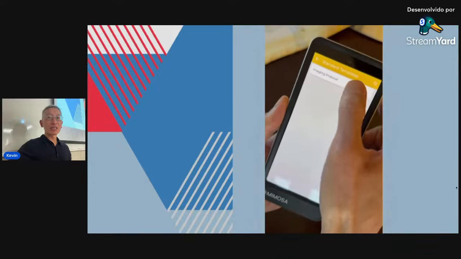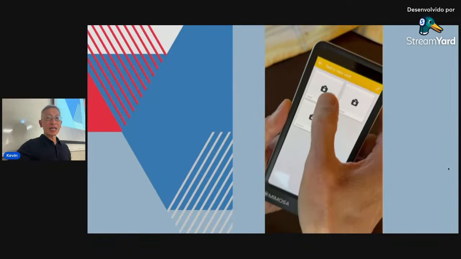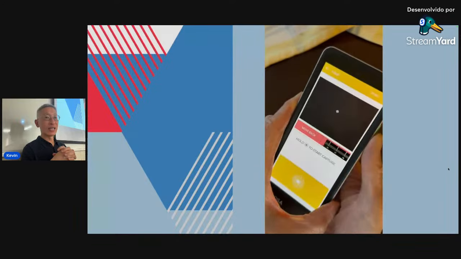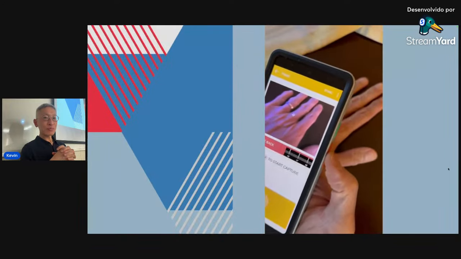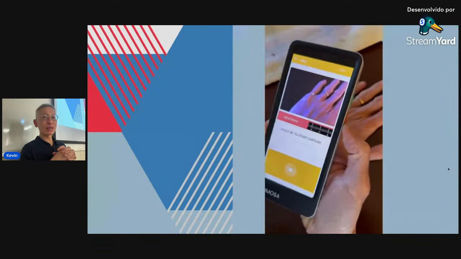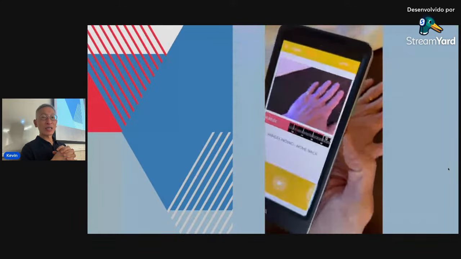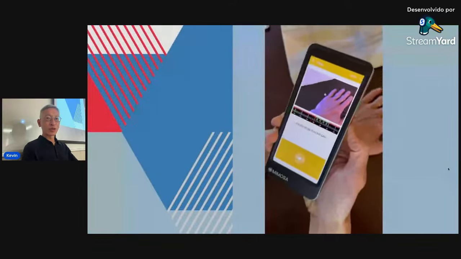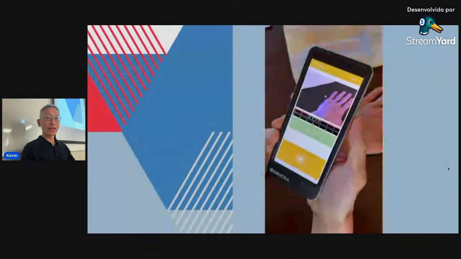So this is the size of the device, and I'm calibrating it, entering the patient data to take a picture. With our patient, I'm using my hand, so I can actually, at the right distance, and there is a ruler to tell you where to position the camera.